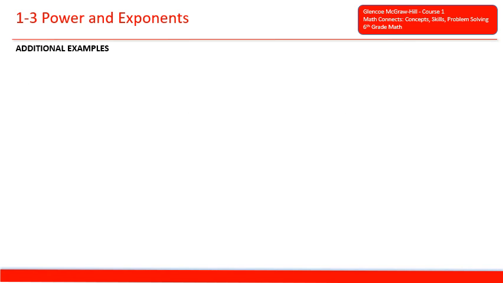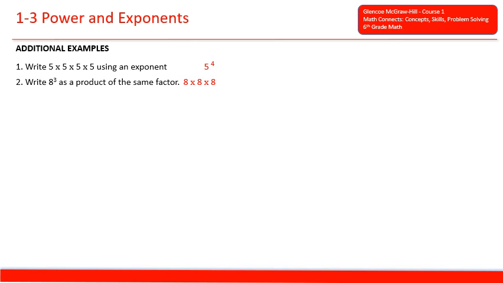Additional examples. Write 5 times 5 times 5 times 5 using an exponent. So there are 1, 2, 3, 4 5s. So it's going to be 5 to the 4th. Write 8 cubed as a product of the same factor. So 8 cubed is 8 times 8 times 8.